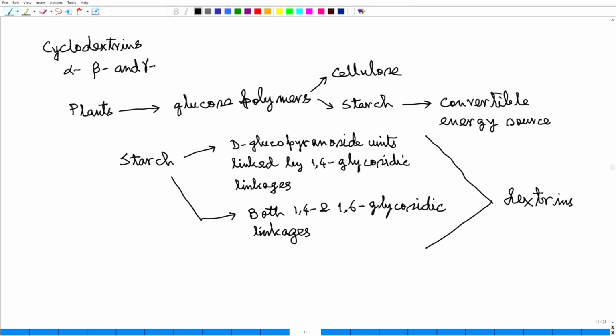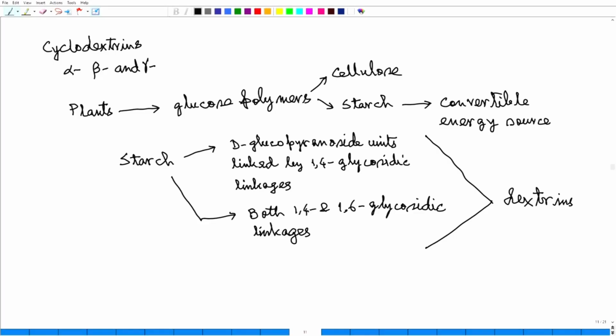Out of that, starch is a convertible energy source, and starch has two types of polymers. These polymers can be degraded to dextrins by heat, acid, ionizing radiation, and so on.